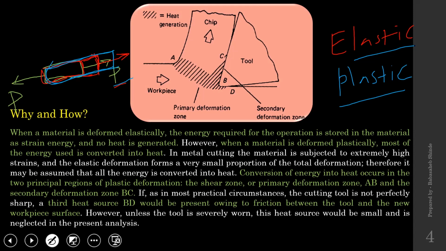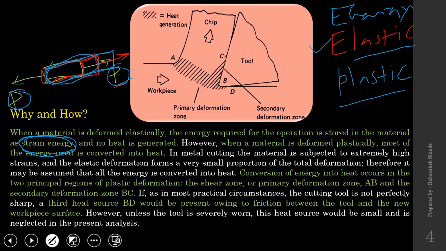So as long as this elastic deformation is there, whatever energy you apply to that material in the form of this force P, that whole energy will be stored in the material itself in the form of strain energy.